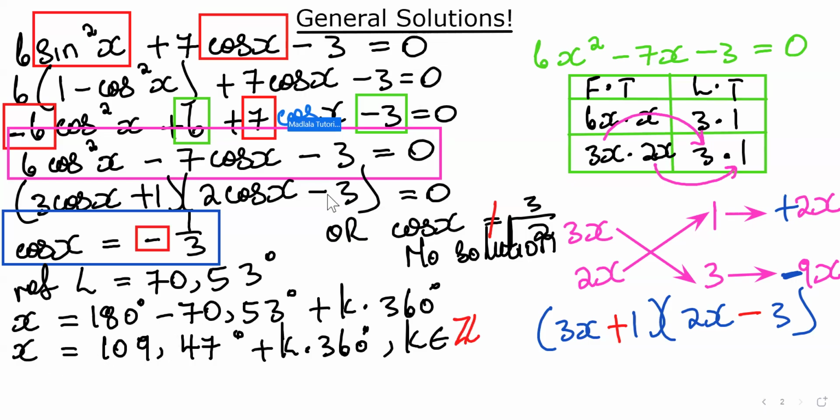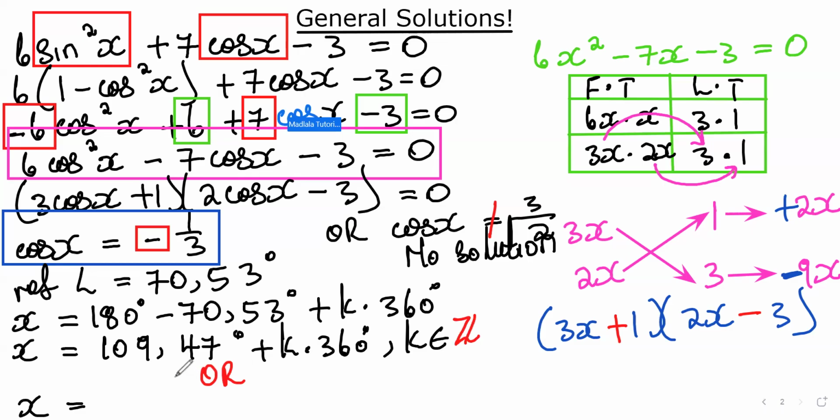Okay, then now we go into the fourth quadrant. So we say in the fourth quadrant, we have 360 degrees minus the reference angle. Well, I'm not going to show that step because I'm running out of space anyway.